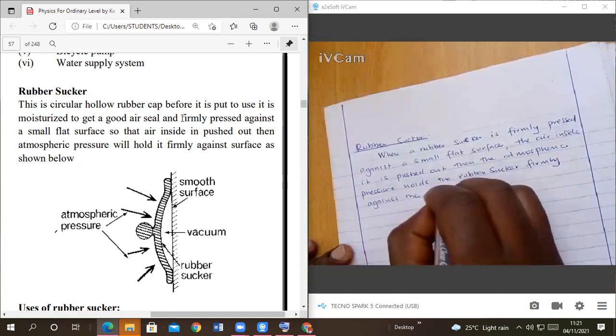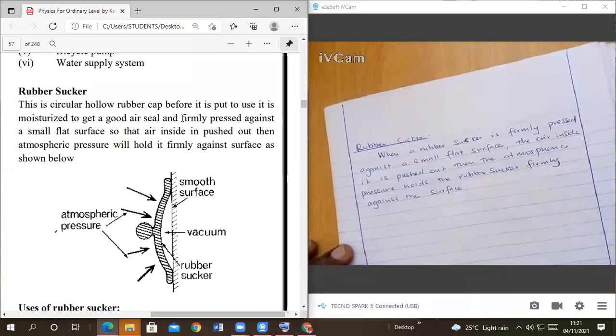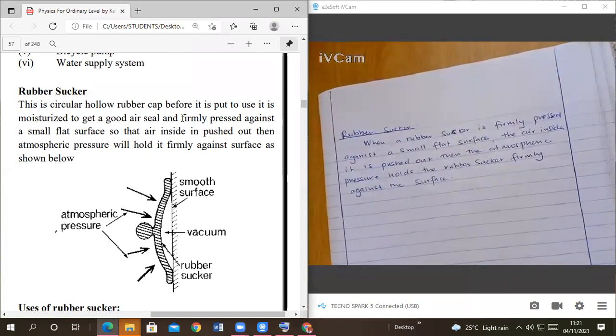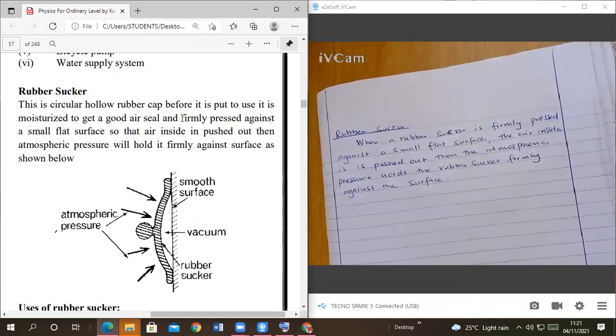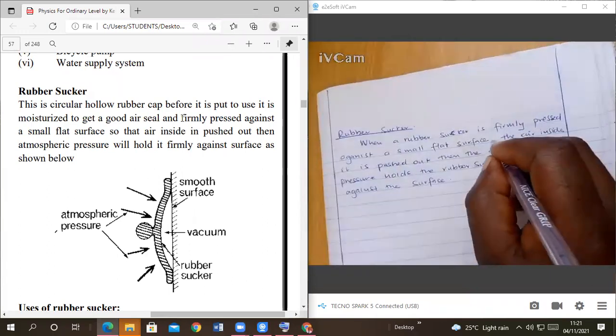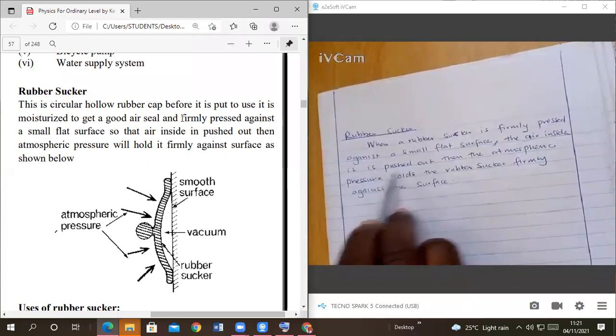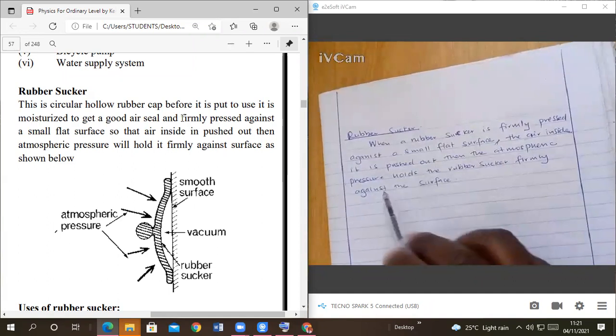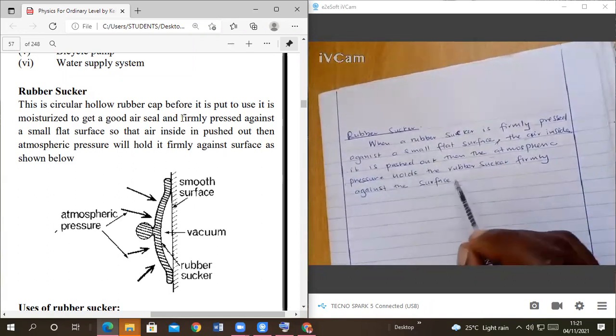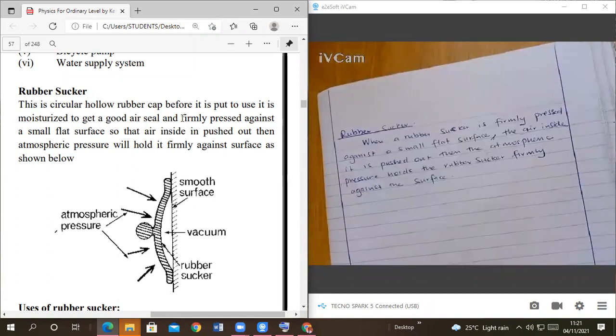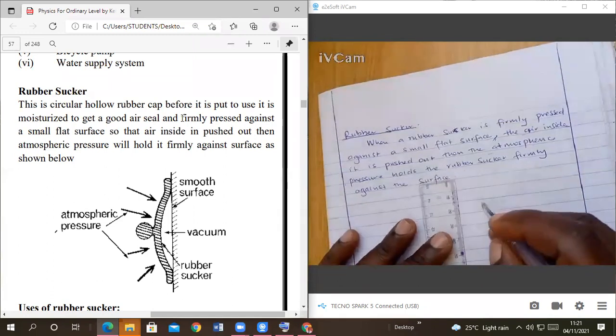So when the rubber sucker is firmly pressed against a small flat surface, this is very important, the air inside it is pushed out, then the atmospheric pressure holds the rubber sucker firmly against that surface. So that's what you have to know.